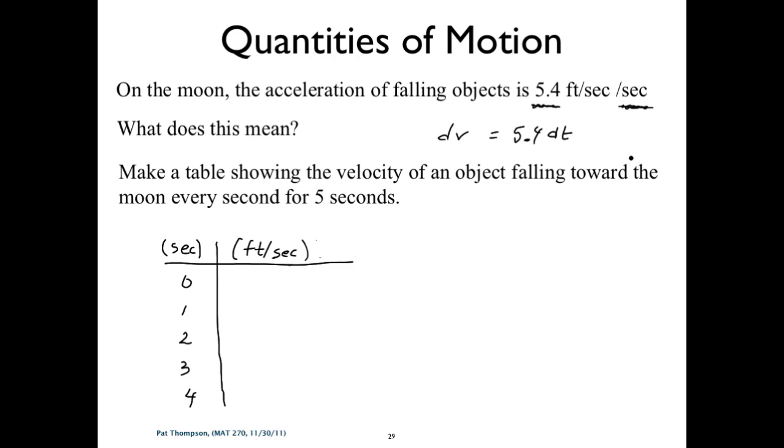It tells us a lot more than what's happening every second, but in any change of time. So in 10 seconds, what's the change in velocity? 54 feet per second. In a tenth of a second, what's our change in velocity? 0.54, right? Okay, so that's our fullest meaning for the rate of change.